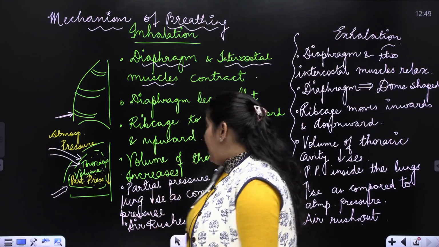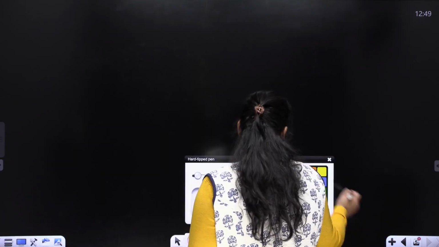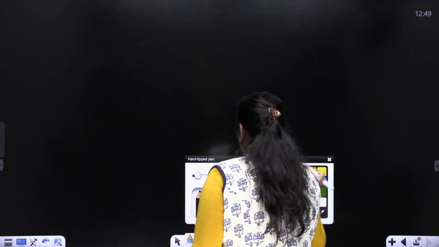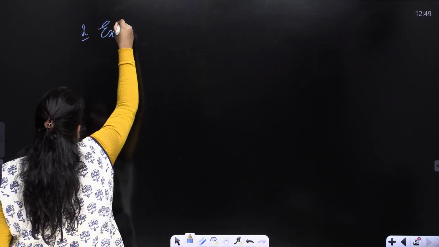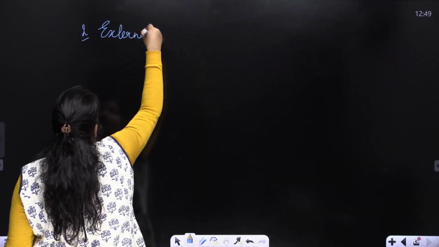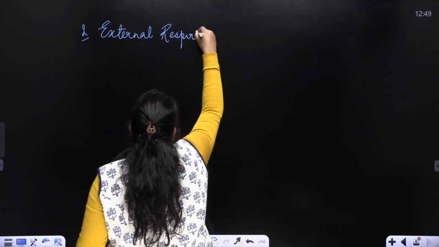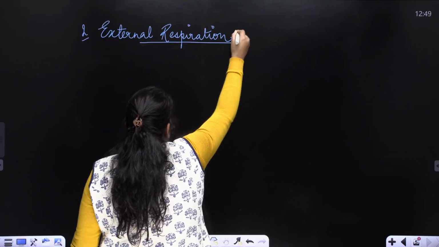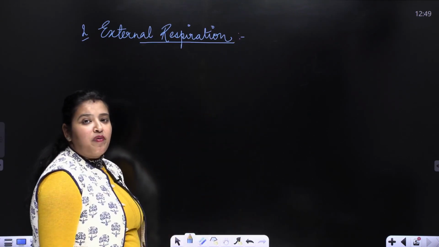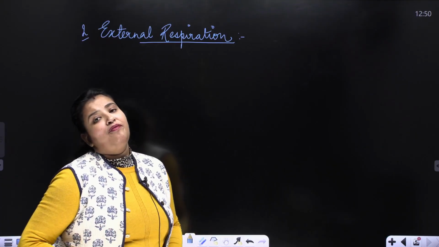All right. Next, we move to the second step of respiration, which is external respiration. Now, when I say external respiration, I've already told you we have breathed in and we have breathed out.